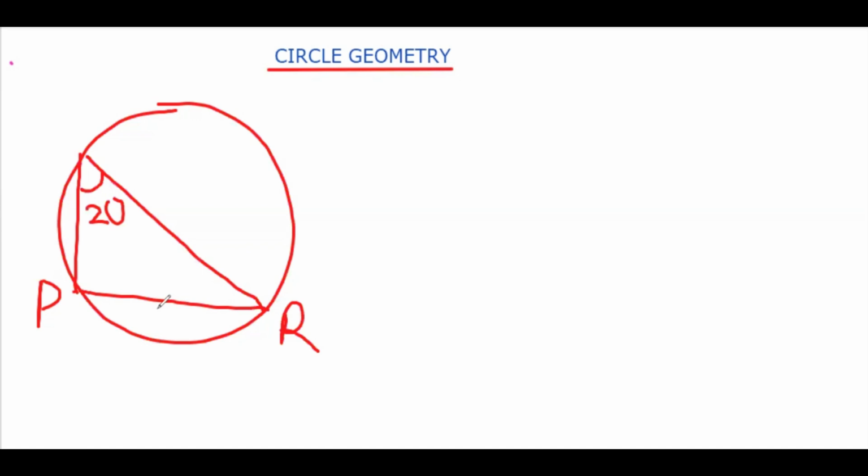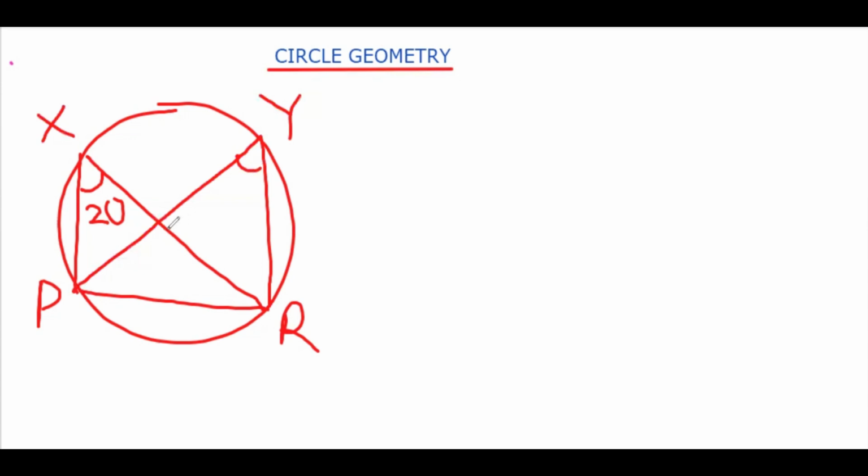And if we have another angle, for example this one at Y, if you look at this angle Y, it is opposite to this chord PR or arc PR. So it's like the same parent gave birth to them. Since this one is on the circumference, and the other one too is on the circumference, they are equal.